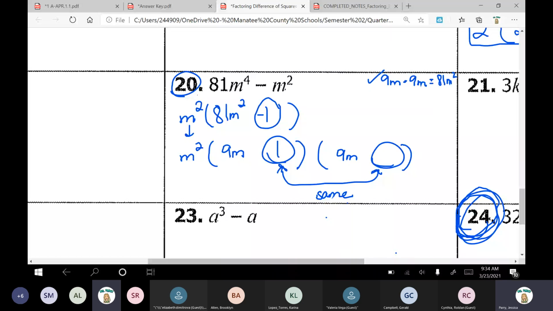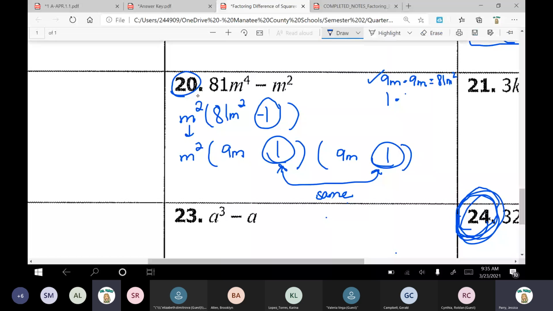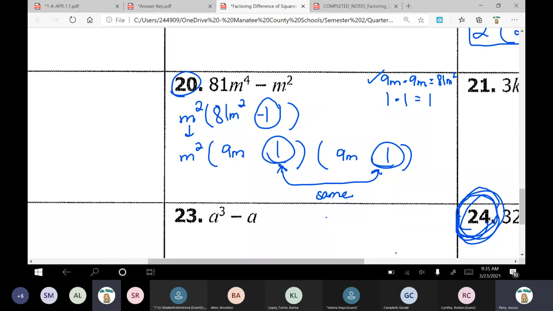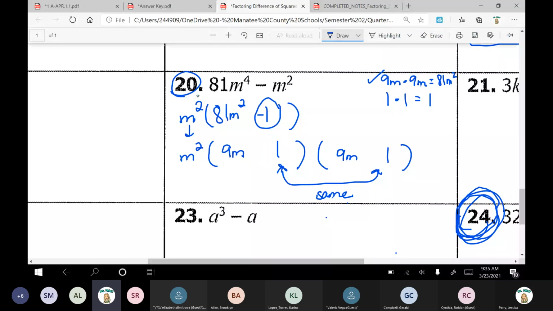One, perfect. 1 times 1 is 1. Here, I'm going to write it out. 1 times 1 is 1. Don't overthink it. It's just 1. Okay, so we've got 9m, 1, and then we've got 9m, 1.